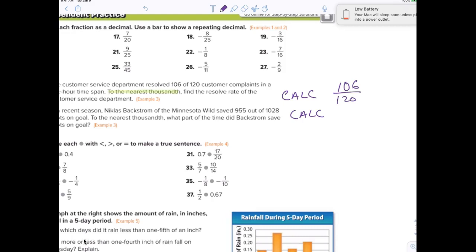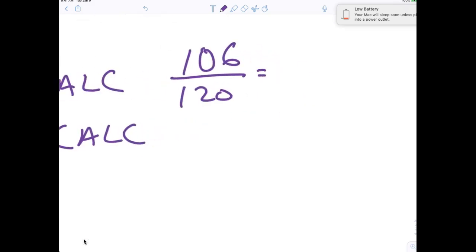Does everybody see I don't feel like doing that long division, right? So what did you get? I want all the decimals. 106 divided by 120 is what? Lots of pressure. 0.883. Then it's just a bunch of 3's, right?